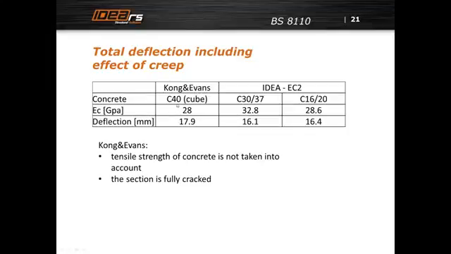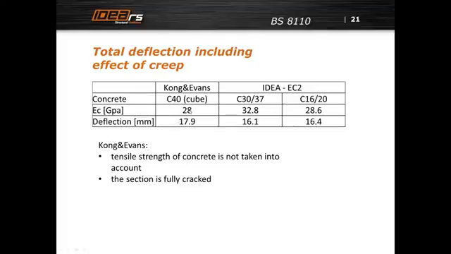I have to say that they used concrete C40, which is cube strength, as you definitely know. That's why I expected that cube strength 37, according to Eurocode, would be appropriate. But then I realized that the modulus of elasticity used by Kong and Evans was 28 gigapascals.